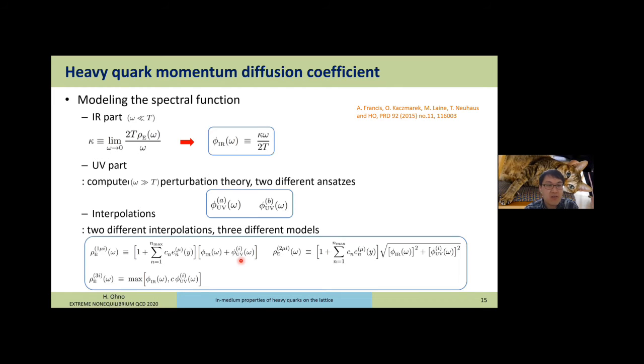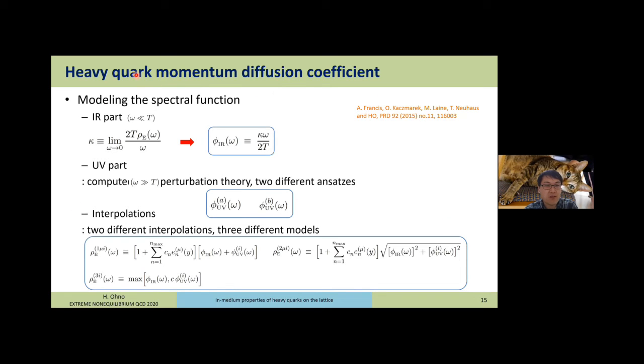Here, instead of using the maximum entropy method, we directly extract the spectral function itself. We tried to model the spectral function by using some knowledge of perturbation theory.